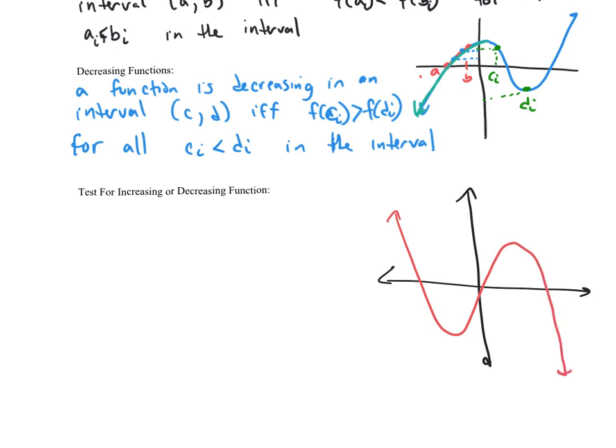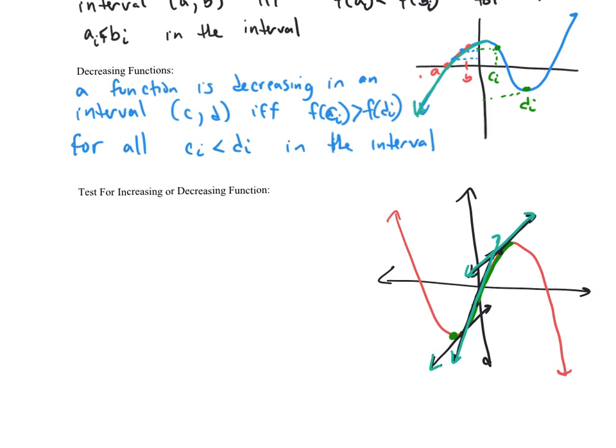I think we can agree that in this region the graph is increasing. The idea is to look at the tangent line at points in that region. Here's the tangent line at this point, here it is there, and there it's there. What you notice about all these tangent lines in this region is that they have a positive slope.